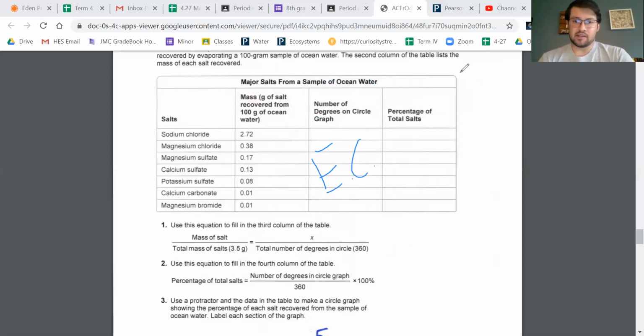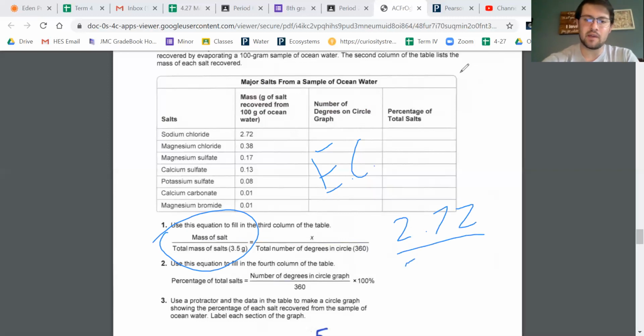All right, well, in that case, let's figure out the total percentages. That's actually significantly easier. You're going to take the first part of the equation, again 2.72 divided by 3.5, and it's going to give you a decimal. 2.72 divided by 3.5 gives you 0.777, which we'd round up to 0.78.